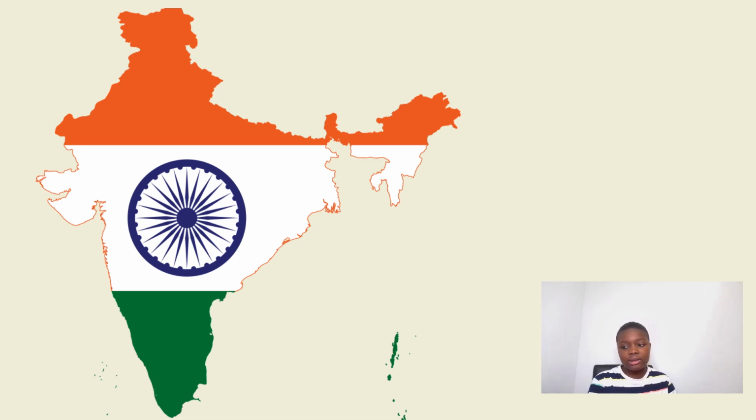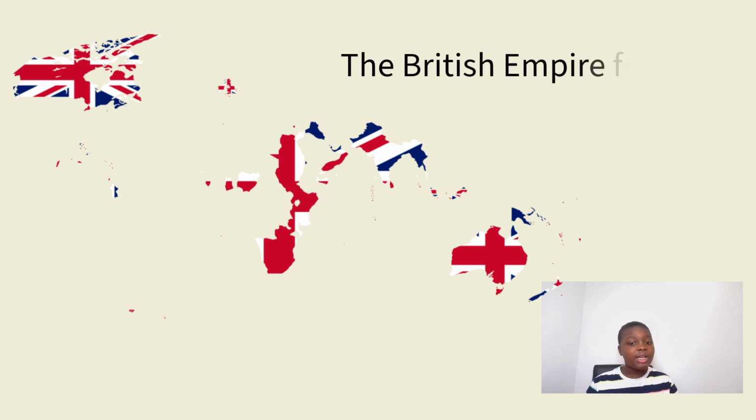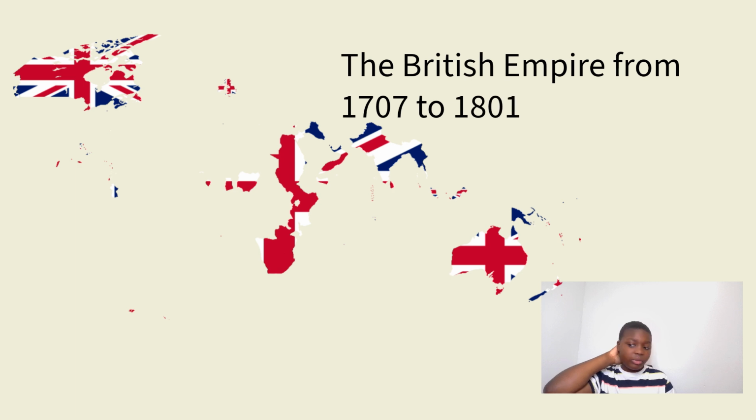Next is United Kingdom. There's a lot of things I need to add here. I tried to get the old flag, but it wasn't coming, so they just gave me this, which is the British Empire with the current flag. So this is just the land.